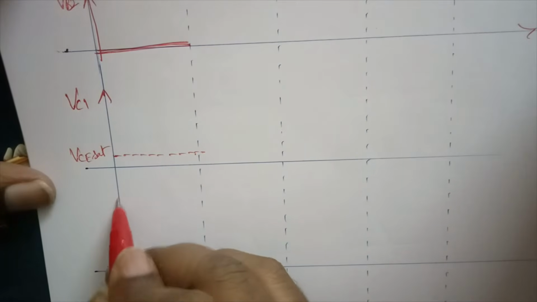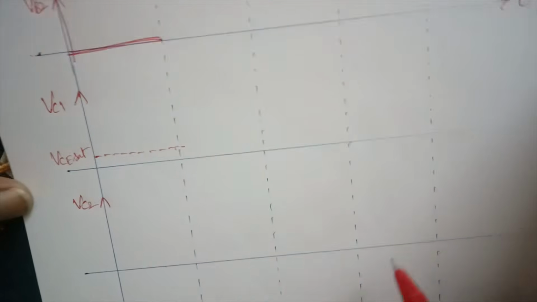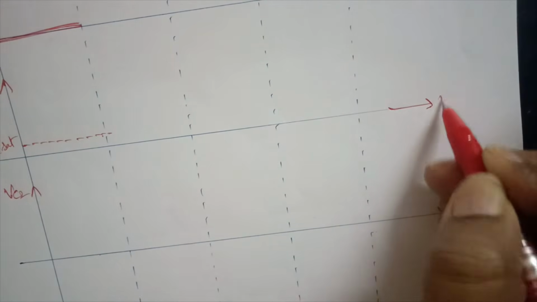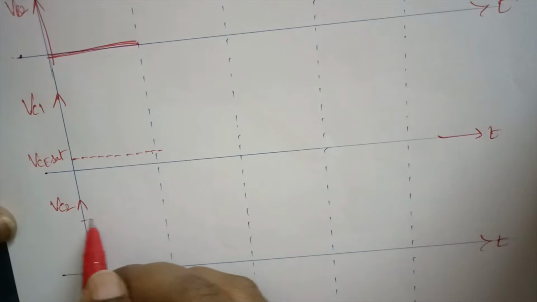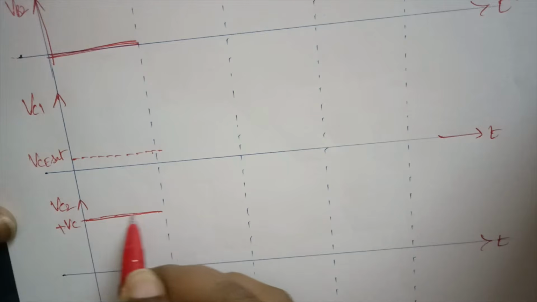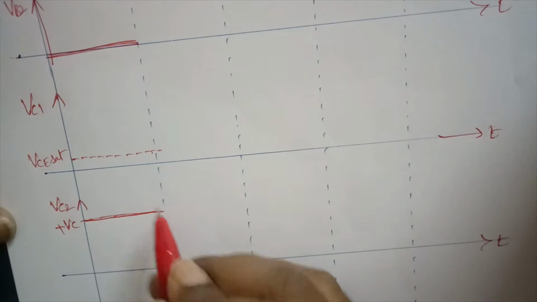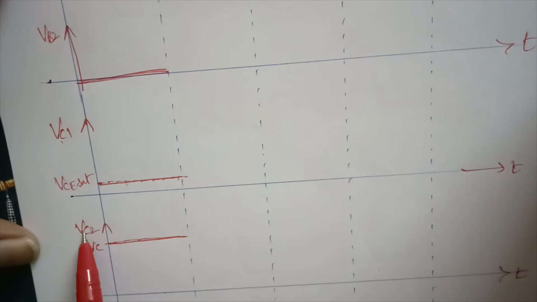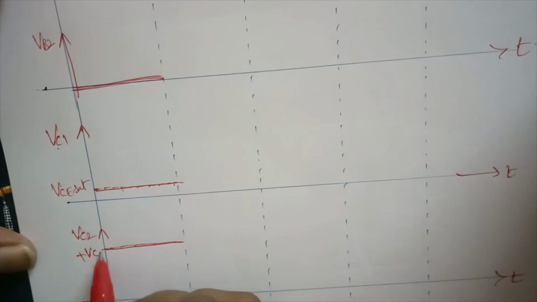So this is VC2, which also varies with respect to t. So the value is plus VCC. So VCE1 is at VCE sat and VC2 is at plus VCC.